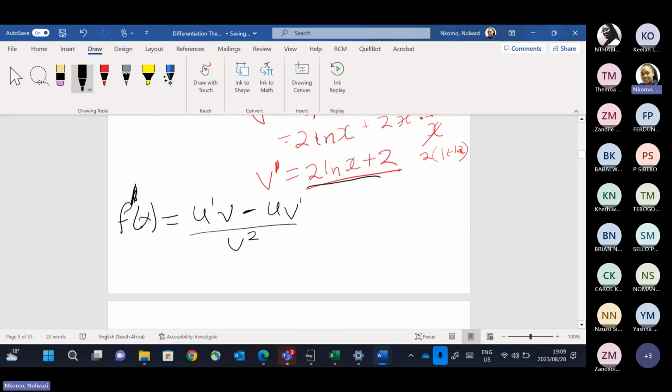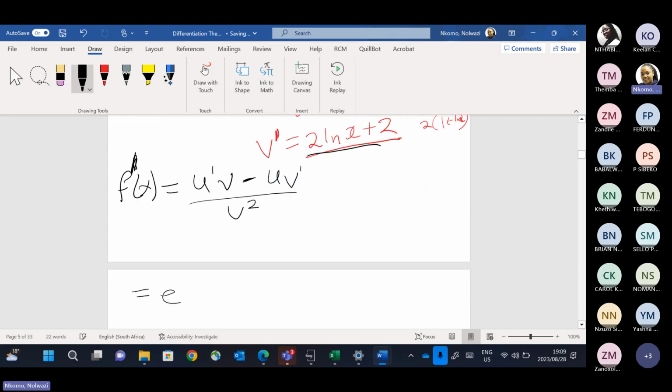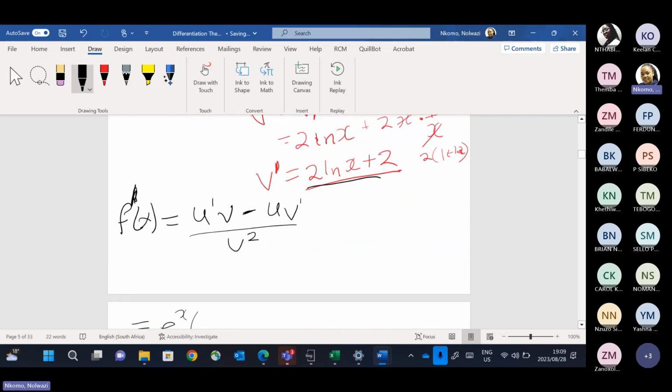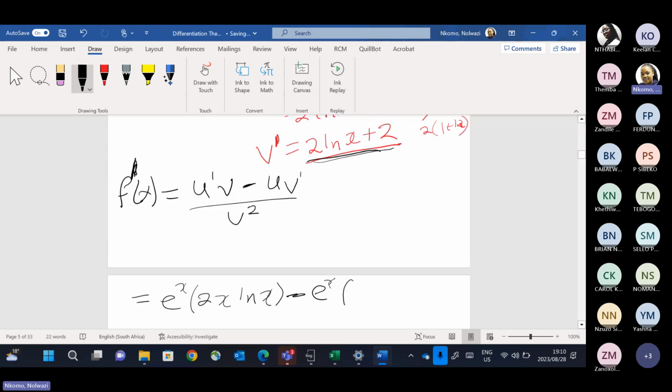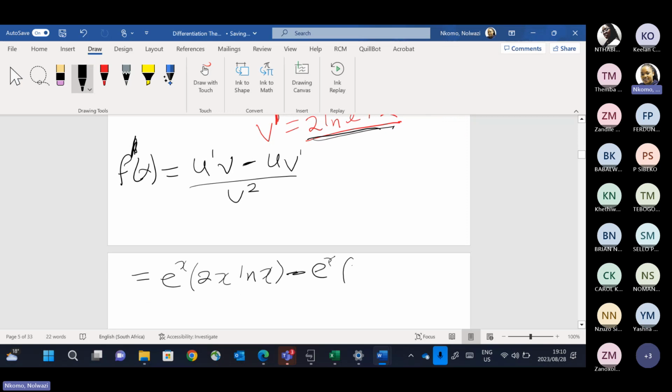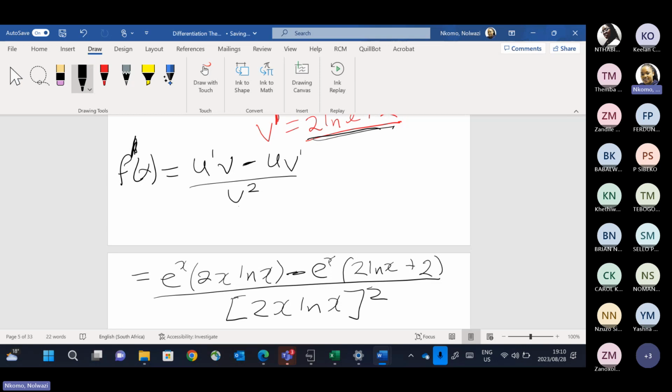Our u prime is e to the power x, and our v is 2x ln x, 2x ln x minus our u is e to the power x, and our v prime is that, which is 2 ln x plus 2, over v squared, and v squared would be 2x ln x all squared.